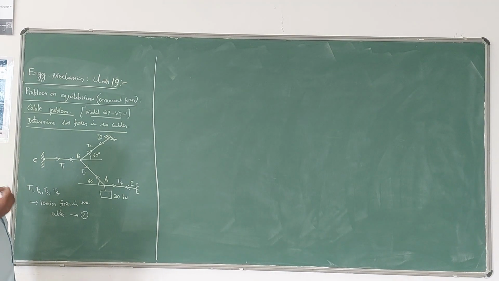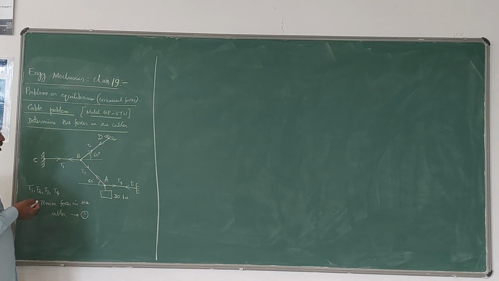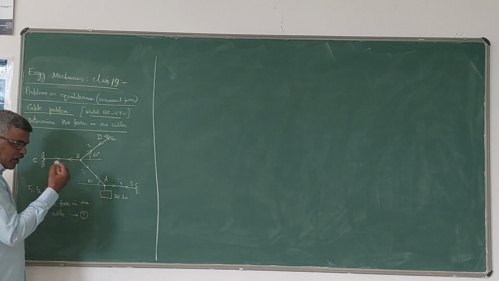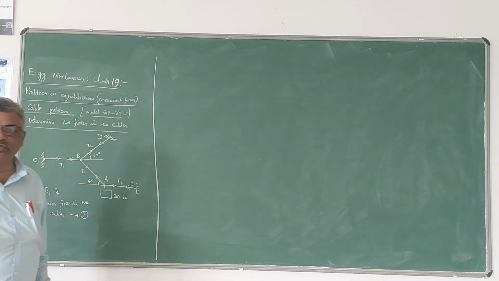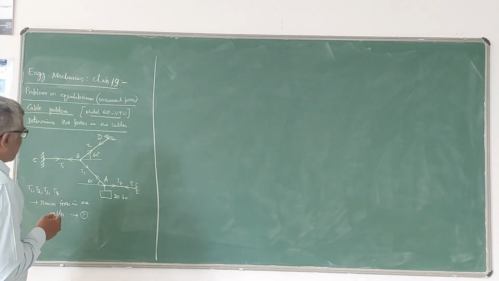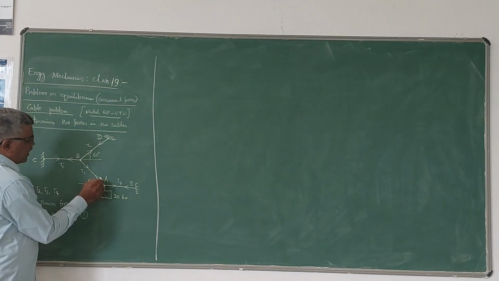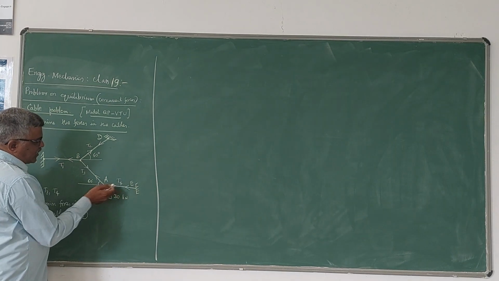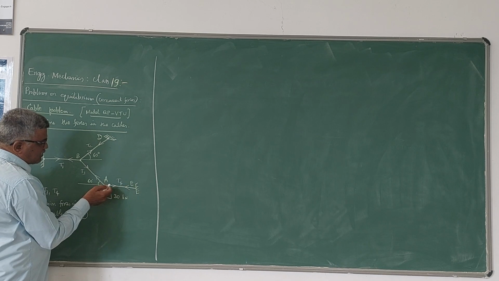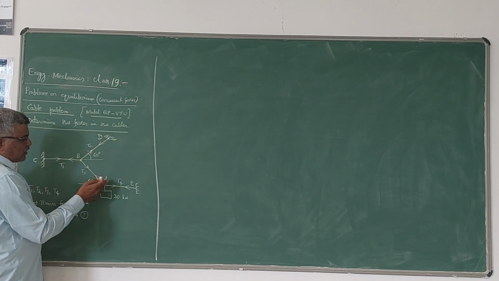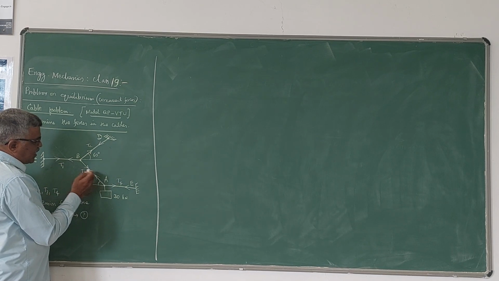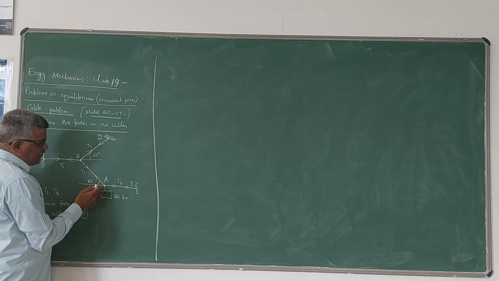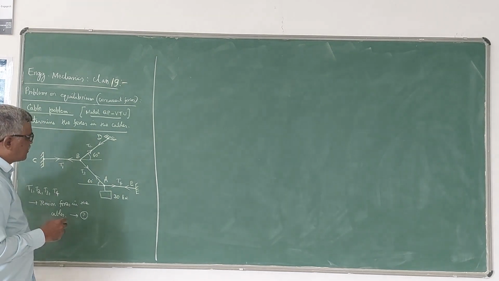Since we need 4 equilibrium equations, we consider the joints where the cables are meeting. Here A and B are the joints. At A you have 2 cables meeting, AE and AB. So there are 2 unknowns if you consider the joint equilibrium of A. T3, T4 are the unknowns.